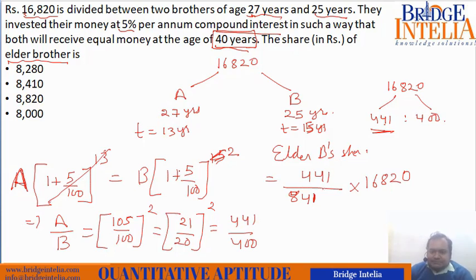So 841 goes 2 times, so 20. So 441 into 2 is 882, so 8820. So this is the elder brother's share.